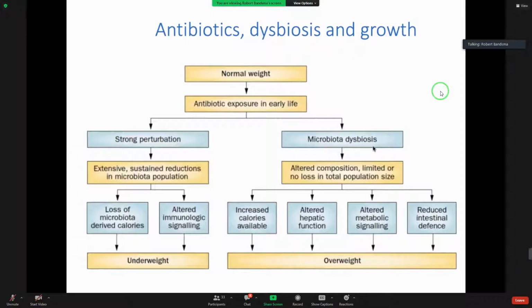If you have a strong perturbation, you get some really profound change in the microbiome and loss of the ability to harvest all the calories from your nutrients through the microbiome, and you can have altered immunological signaling and function that can ultimately lead to underweight. Whereas if you have a mild dysbiosis through antibiotic exposure, it can actually lead to overweight. Again, this is to some degree a concept.